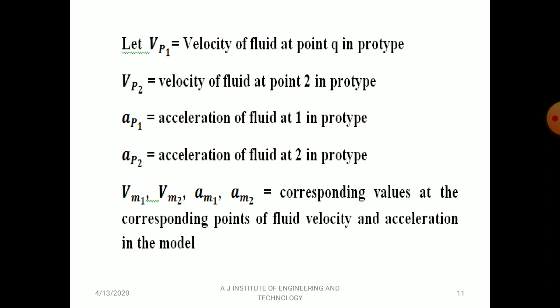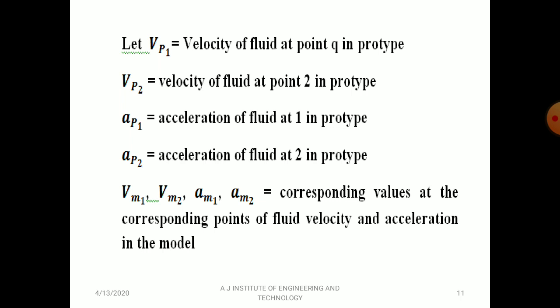So we can consider a case below. Let VP1 be the velocity of fluid at point 1 in prototype, then VP2 the velocity of fluid at point 2 in prototype, where P stands for prototype. Then AP1 is the acceleration of fluid at point 1 in prototype, and AP2 the acceleration of fluid at point 2 in prototype.